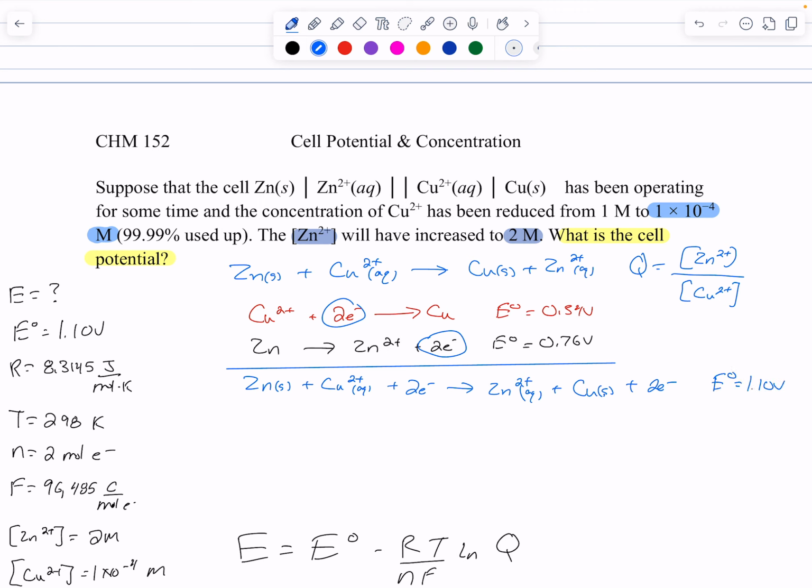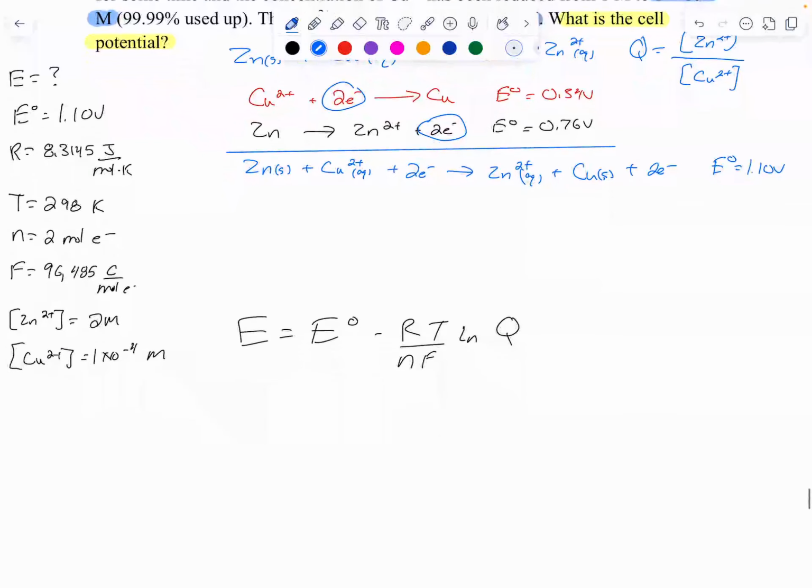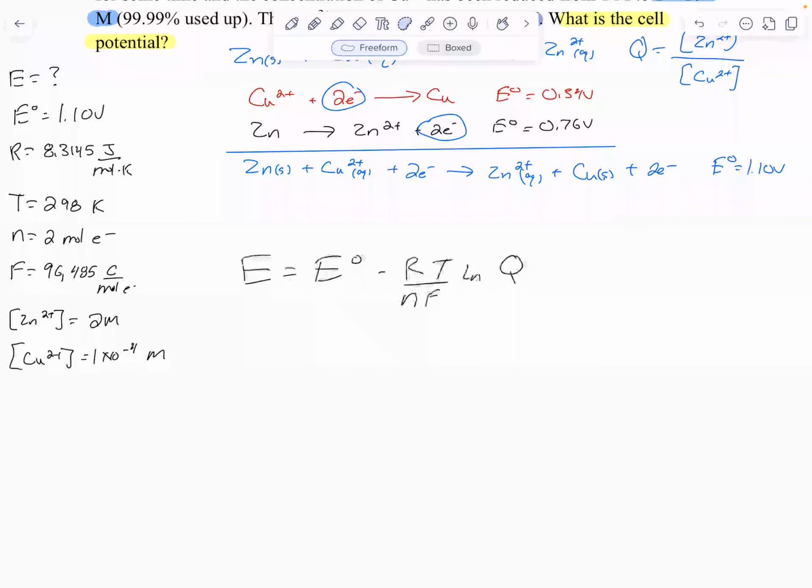We didn't because we've been using the same example, but you're going to have to do that. So now we can plug this all into our equation.